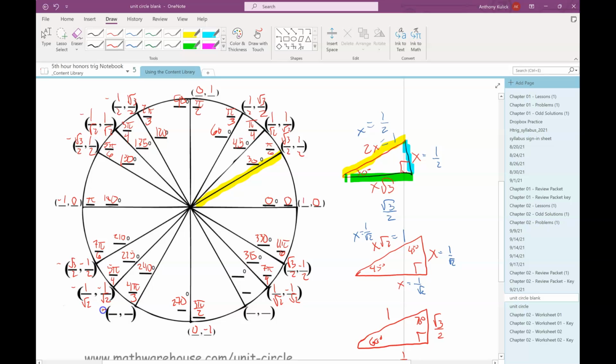Since we're in the third quadrant, the x is negative and the y is negative. And our last spot here at 300 degrees is 5 pi over 3. We're in the fourth quadrant, so the x is positive, but the y is negative.